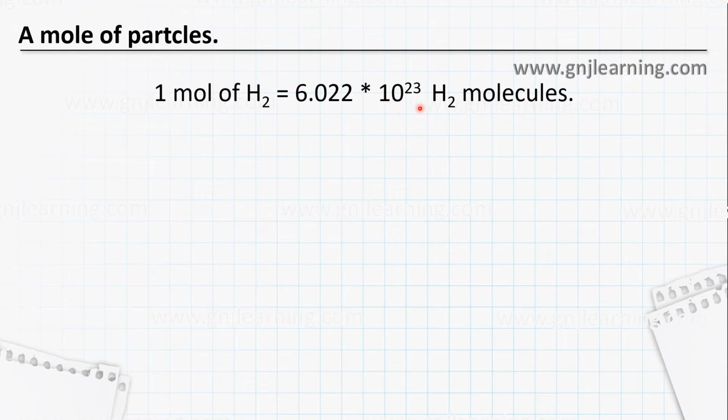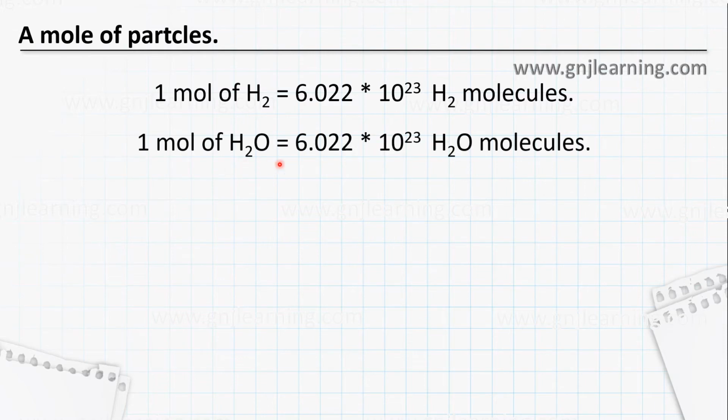If it is 1 mole of water, that means 6.022 into 10 raised to 23 water molecules. Or if it is 1 mole of oxygen molecules, O2, then it is 6.022 into 10 raised to 23 molecules. Then what about 2 mole? 2 mole means twice this number. What about 3 mole? 3 mole means thrice this number.